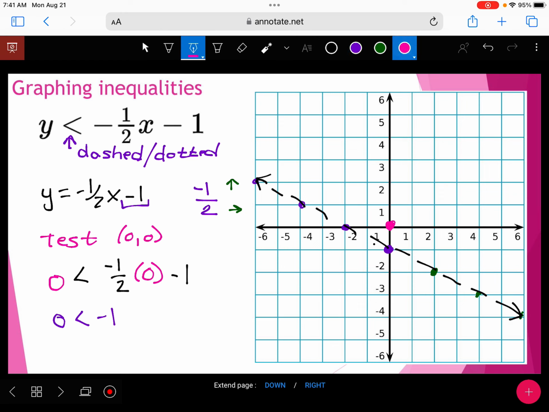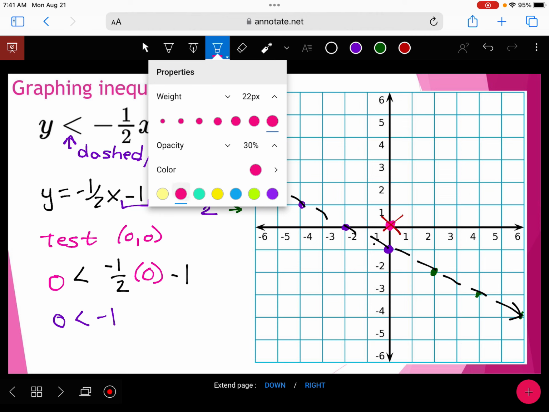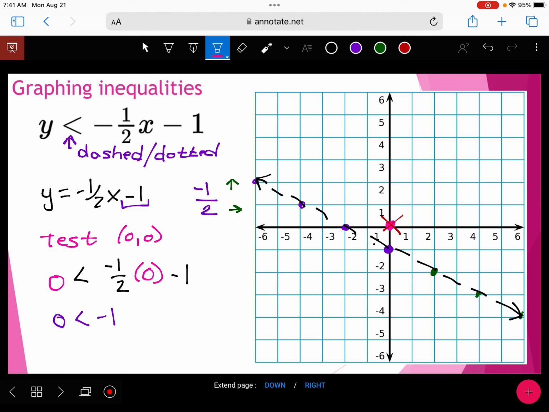No, it is not. Which means this is not where my solutions are. I need to go on the other side. So I'm going to color where the truth will be, which my truth will be on this side of the line.